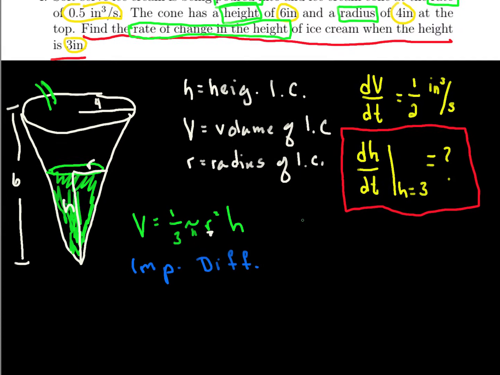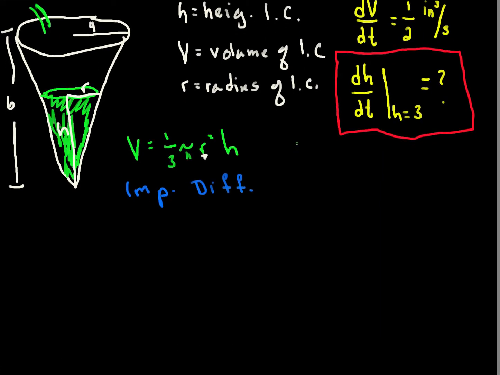So let's start doing the math. So I'm going to take the differential of V. So dV is equal to the differential of 1/3 pi r squared h.